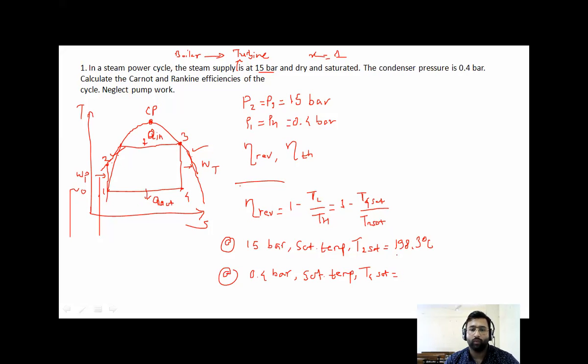What will be the value? 75.89 degrees Celsius. Now directly you can calculate the Carnot efficiency. So Carnot efficiency, that is reversible, will be equal to 1 minus 75.89 divided by 198.3. This way you will get the Carnot cycle efficiency.